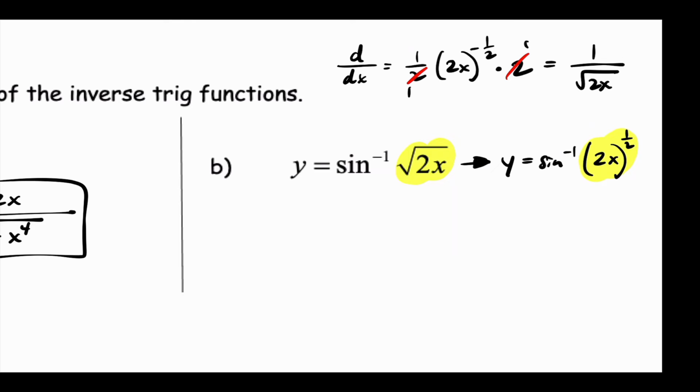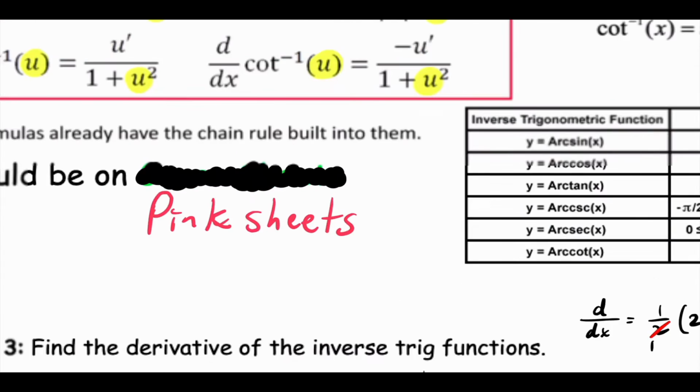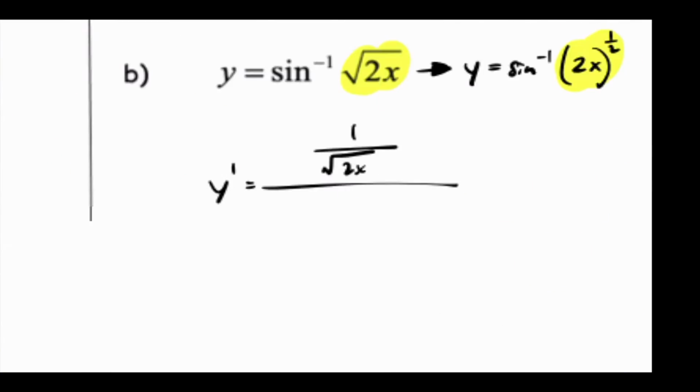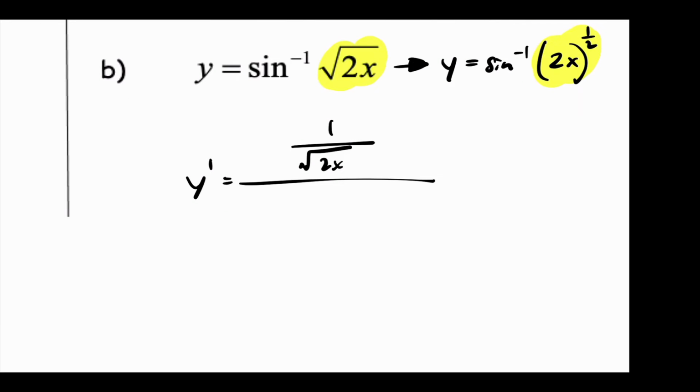Okay? That goes on top. On bottom, inverse sine says the same thing as cosine: 1 over square root of 1 minus stuff squared. Square root of 1 minus stuff squared.